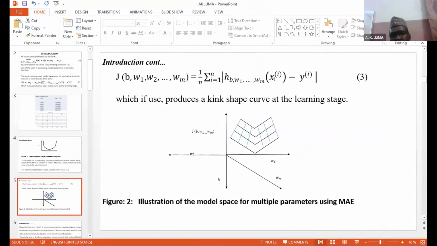Here, we realize that mean absolute error is regarded as the L1 loss function, that is, the first discovered loss function. But scholars observed that at the optimal feasible region, we have a non-differentiable point. So scholars did not have a way to find the value of the loss function there.